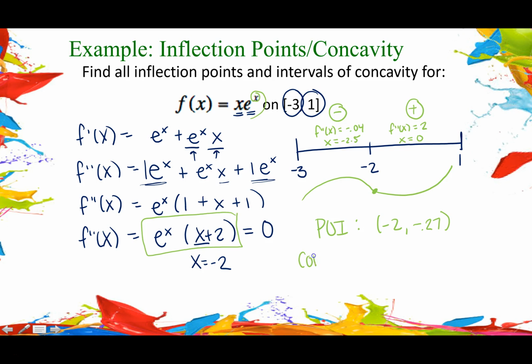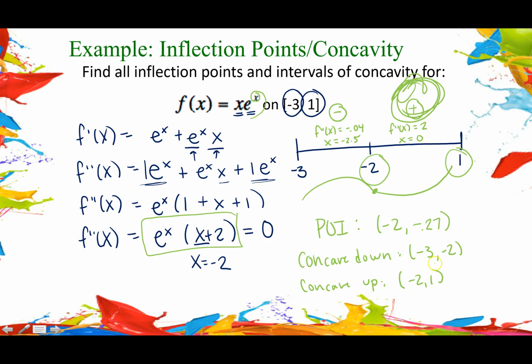My interval of concave down, don't confuse this with the point, this is an interval. This is going to be from -3 to -2. And my concave up is going to be from -2 to 1 because we're positive right here.